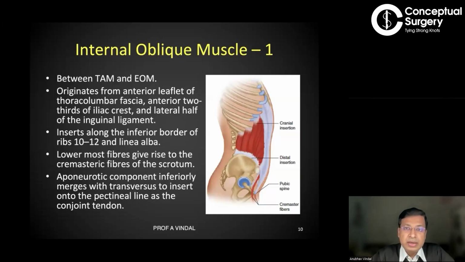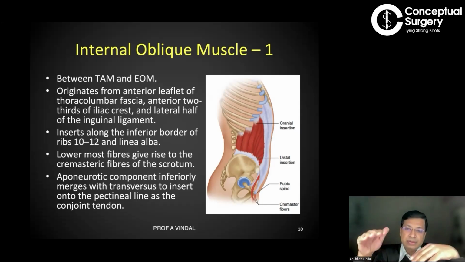Next, we come on to the internal oblique muscle, which is the muscle present in the middle between the external oblique and the transversus abdominis. The direction of the fibers of the internal oblique is perpendicular to the direction of the fibers of the external oblique.